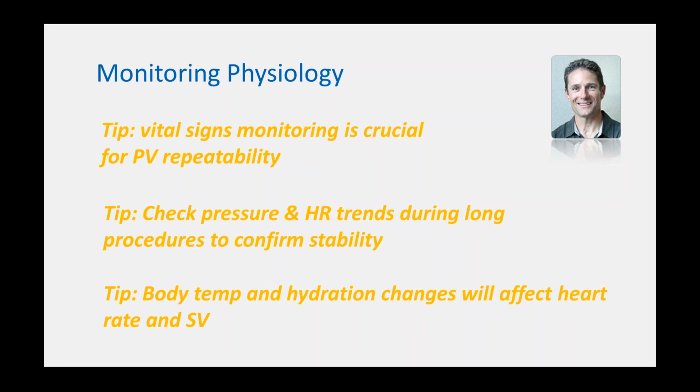In most cases for us, body temperature and hydration changes are going to affect the heart rate and stroke volume more than anything, so you have to be careful of that. Really look at these trends and decide, is your animal stable? Am I going to be able to compare this data from the previous animal and the next animal? And what's going on? If you have the physiologic monitoring, it's pretty easy to figure that out.